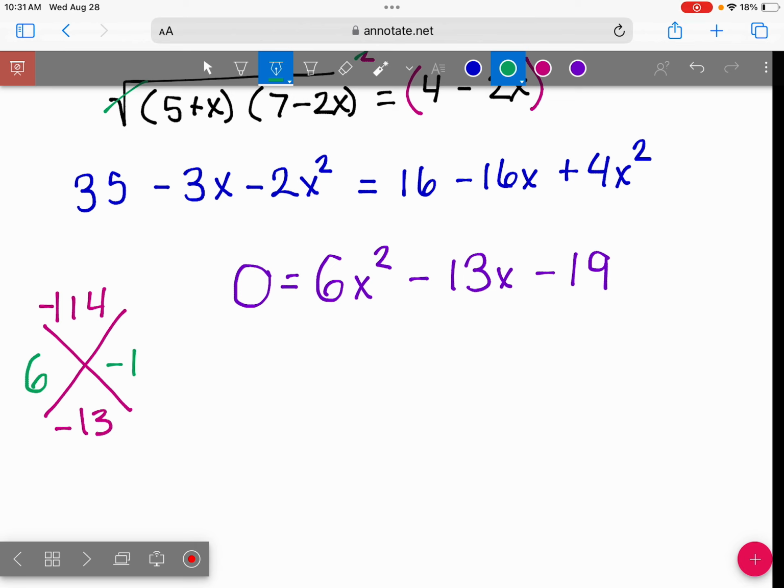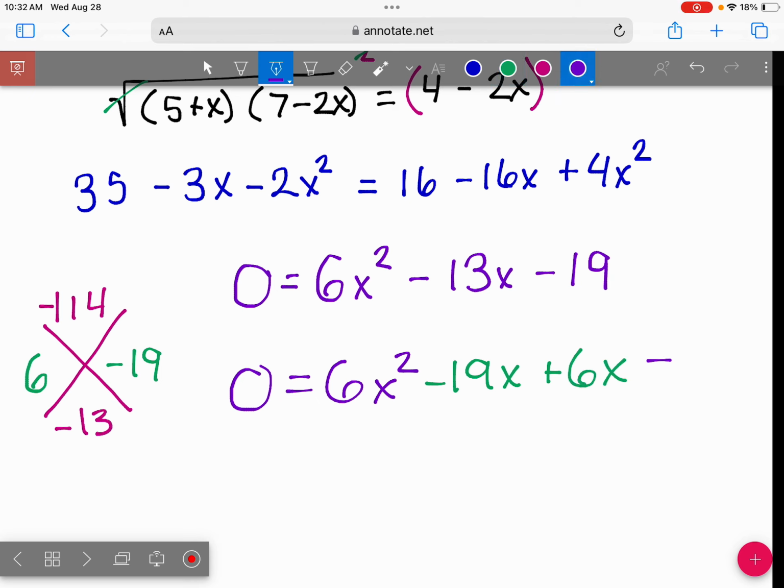Positive 6, negative 19. We could make our list of factors just like we did on the last one, 114. 1 and 114, 2 and 57, 3 and 38, 6 and 19. To find our pair of numbers that have a difference of 13. So putting this into our factored form, 6x squared minus 19x plus 6x minus 19.